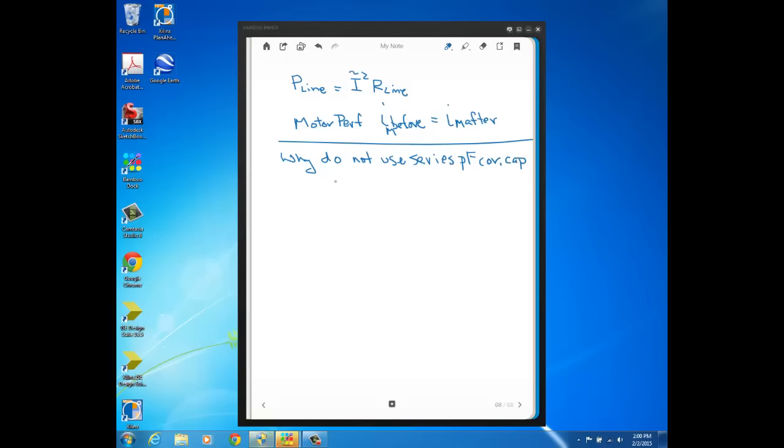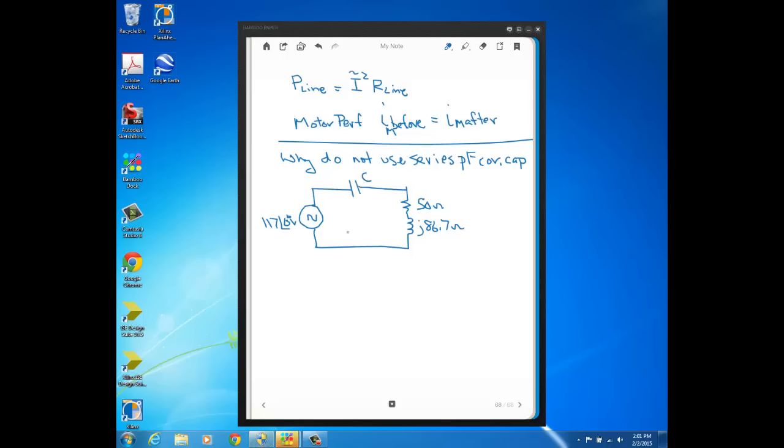And the easiest way to answer this question is to actually do it and see what happens. So we're going to take the same source of 117 ∠0° volts. Okay, the same motor. So this is 50 ohms, j86.7 ohms. And then the capacitor.